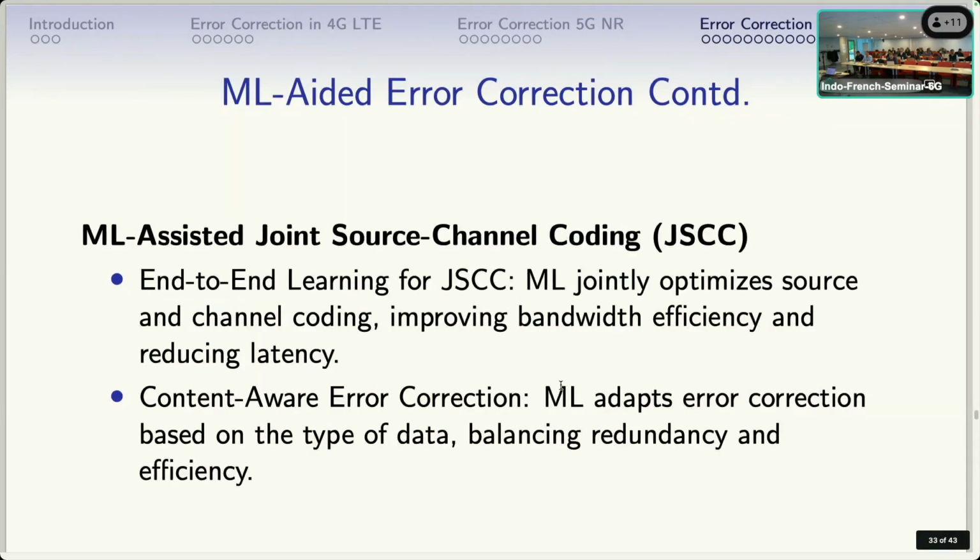And what we have seen everywhere, we will try to see how ML can be helpful. Here also, we will see how ML can help in joint source channel coding. Since the source is also jointly encoded, content-based error correction is another aspect.